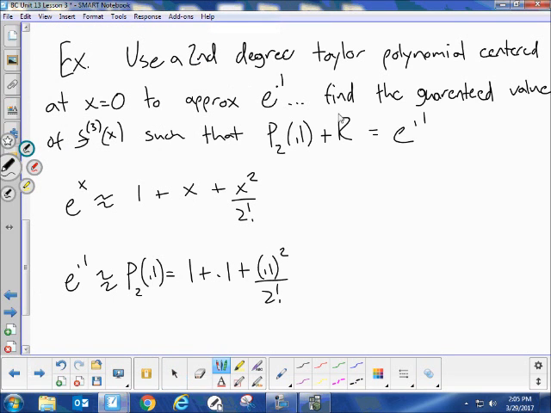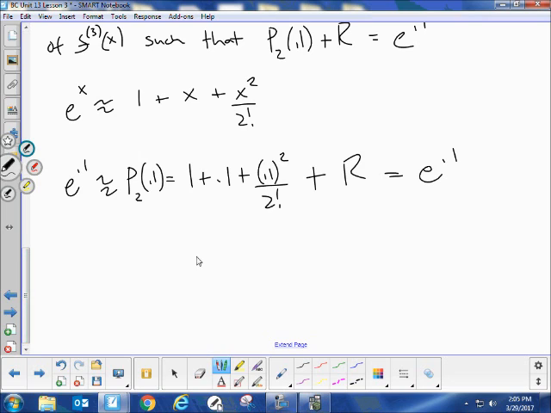Well, we want to find the guaranteed value of the third derivative such that this plus that is equal to that. Well, we know that this plus some r will equal e to the 0.1, right? Where r is the next term in a polynomial with a special third derivative. So the third derivative at some z value, the z value is going to be somewhere between 0 and 0.1. It's guaranteed by Lagrange's theorem. We will have some z value where the third derivative will make this work.